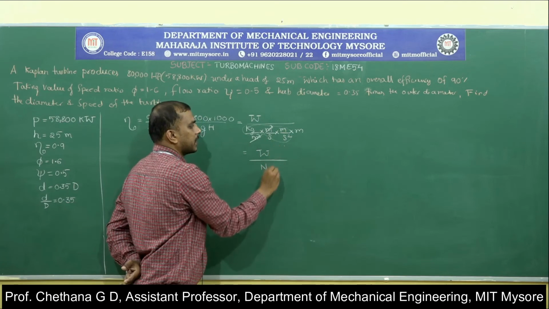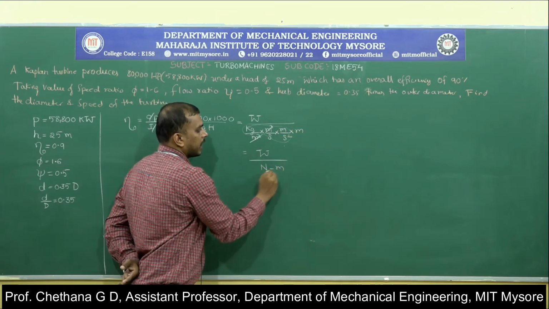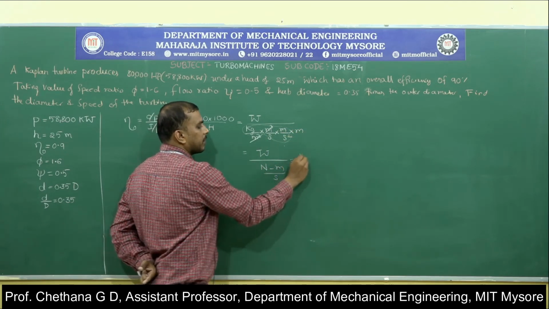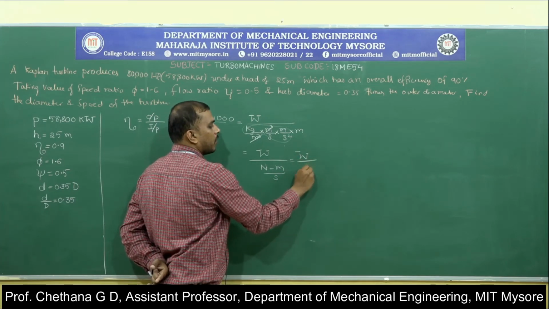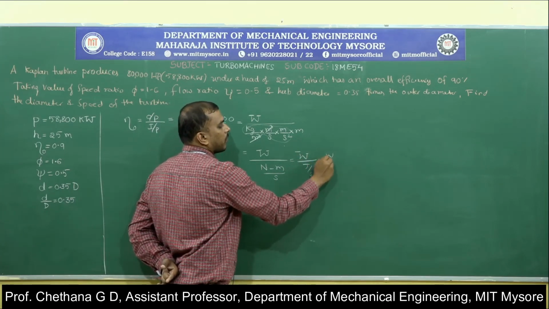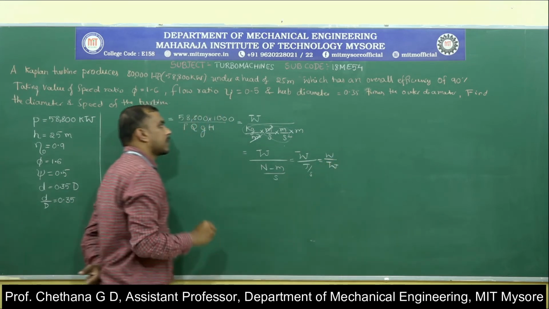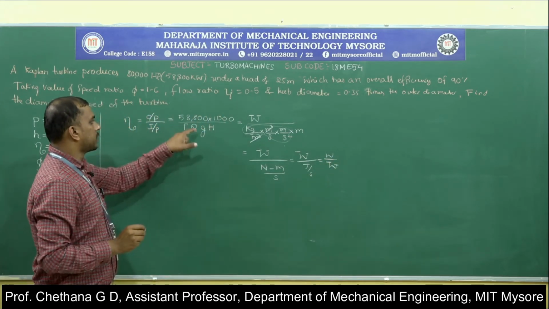Newton into meter per second is nothing but joule per second, that is watt only. So the unit we are talking about is right. Now this has to be solved.